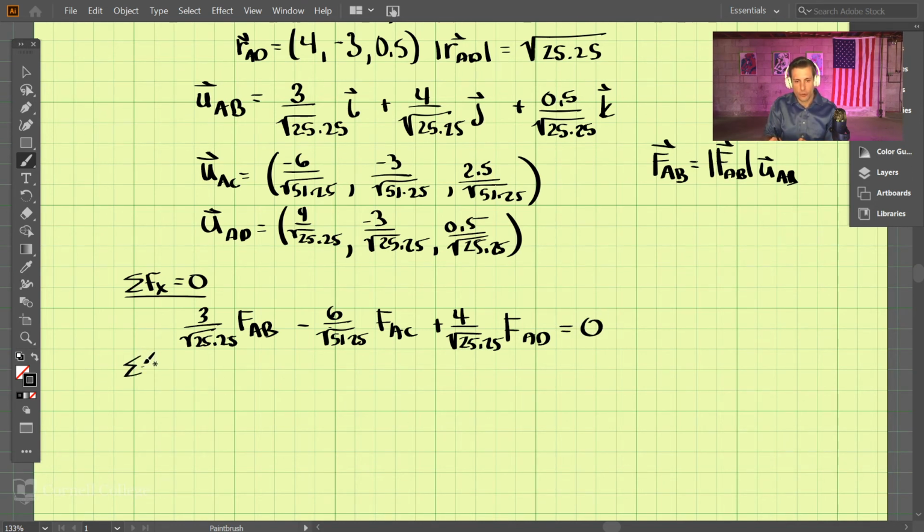And then we move to the y direction, and the sum of the forces in the y direction should be equal to 0. We'll use all of these.